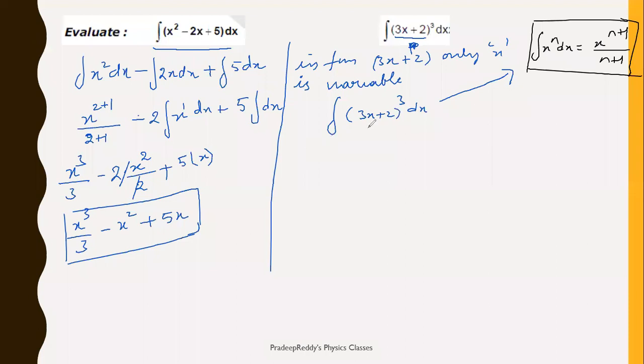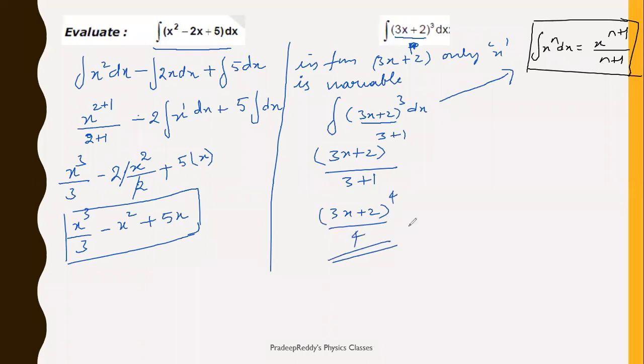Now I'll write this, considering it as the total x term. So it will be 3x plus 2 whole power 3 plus 1 divided by 3 plus 1. This is 3x plus 2 whole power 4 divided by 4. This is the answer for that given function.